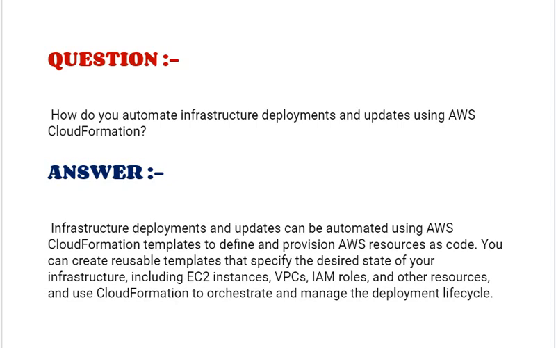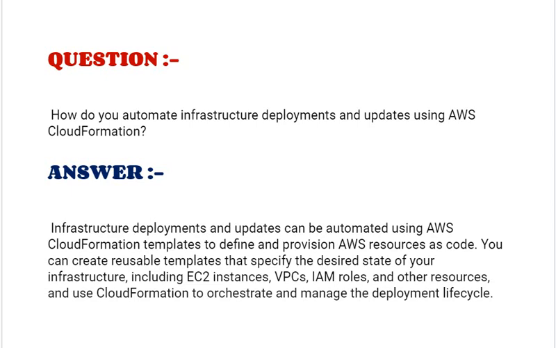Our next interview question is, how do you automate infrastructure deployments and updates using AWS CloudFormation? Your answer should be: infrastructure deployments and updates can be automated using AWS CloudFormation templates to define and provision AWS resources as code.